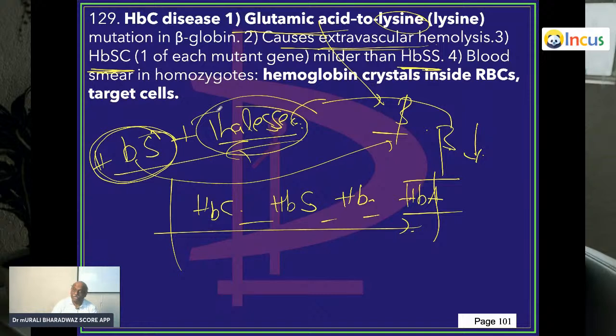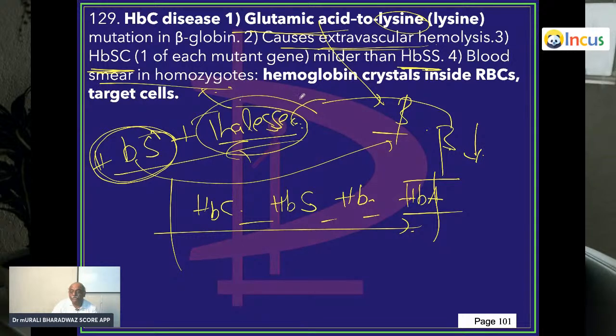Both are problematic in beta chain production only, no? But somehow it is milder, the reason has a reason that the reason doesn't know.